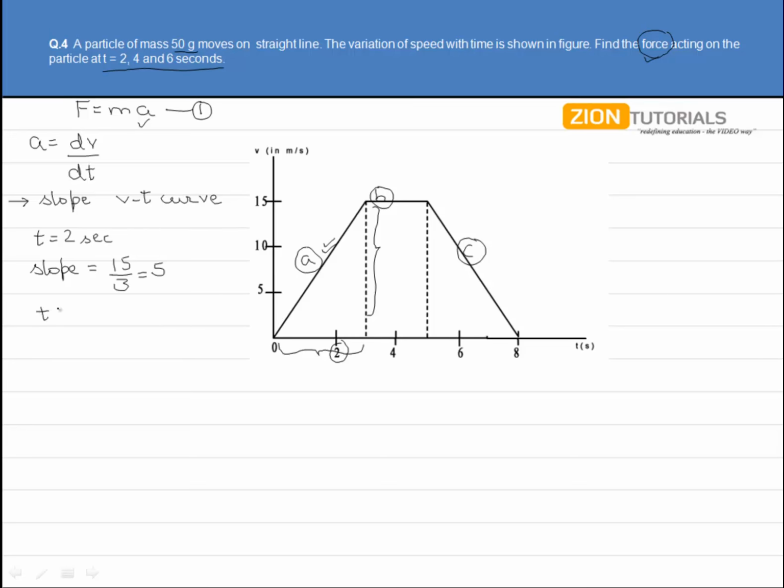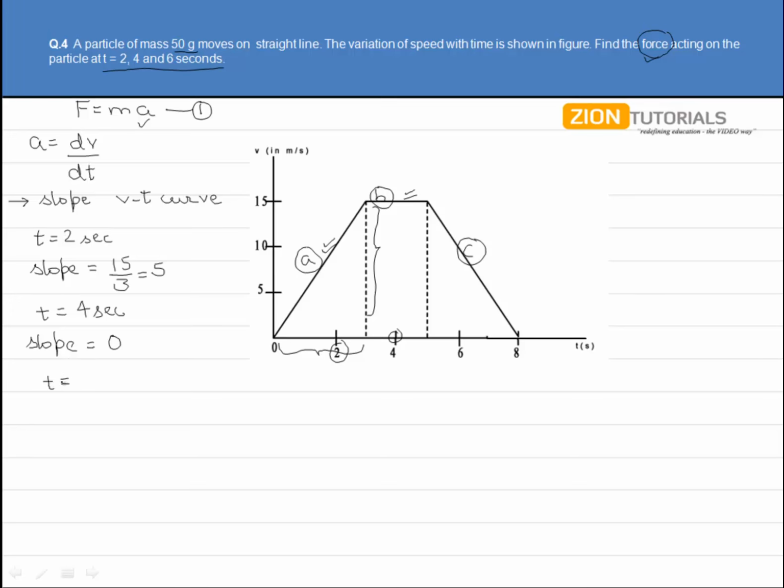Now similarly at t equals 4 seconds, we can see from the graph that the particle is following the B curve, and finding the slope for curve B, we get 0 since the graph is parallel to the x-axis, or the time axis.